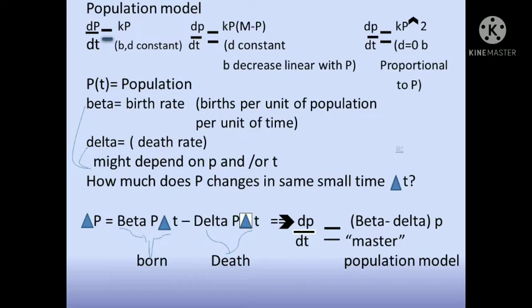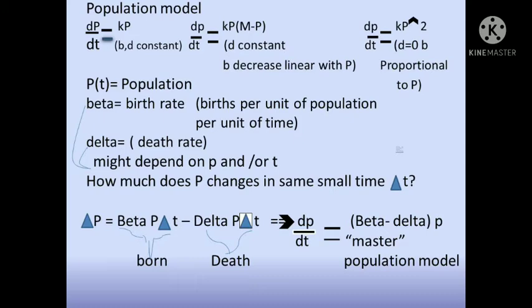Now, to set up a model for the population, we ask ourselves the same question we usually do when we are trying to derive a differential equation, and that is, how does the dependent variable change when the independent variable changes. So the question would be, how much does P change in some small interval of time delta t.